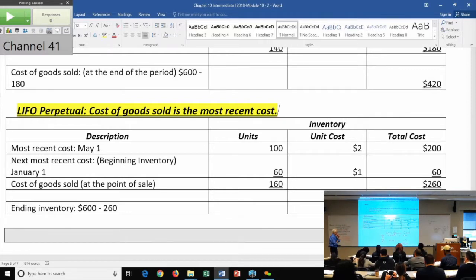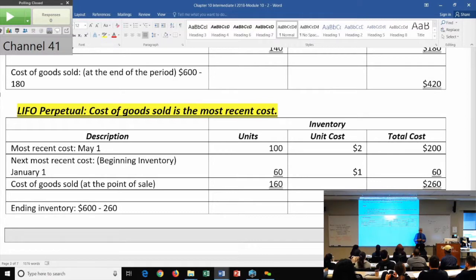What would you do at this point? And let's say you knew that prices were rising, and it's at the end of the year, and you knew you had sales coming up. How would you maximize your cost of goods sold?